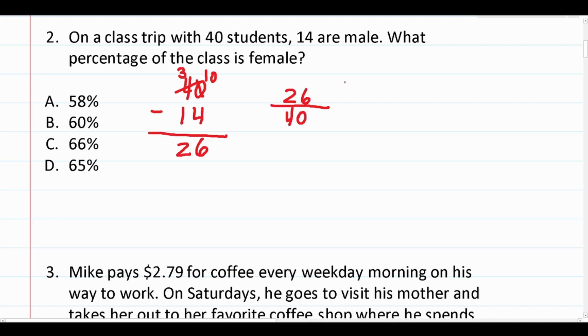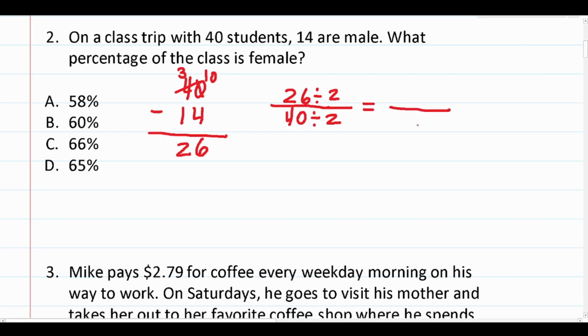Prior to doing that, though, we can actually reduce this fraction to make that math a little bit easier. More specifically, we can reduce 26 over 40 by dividing 26 as well as 40 by a common factor of 2. And you should be able to do this in your head.